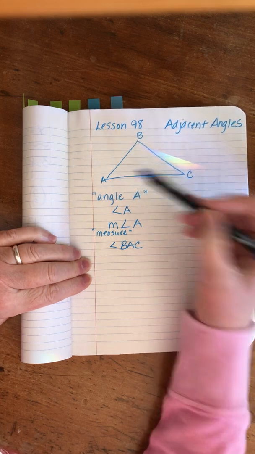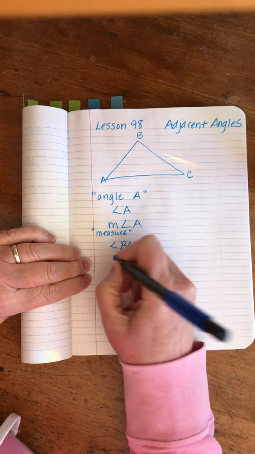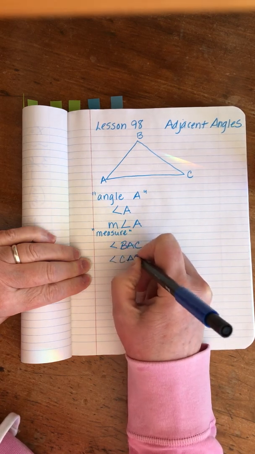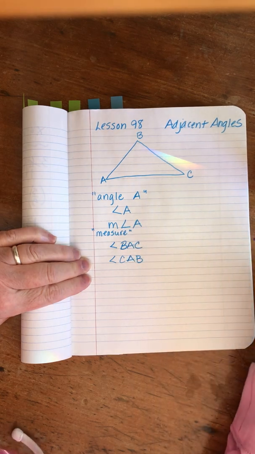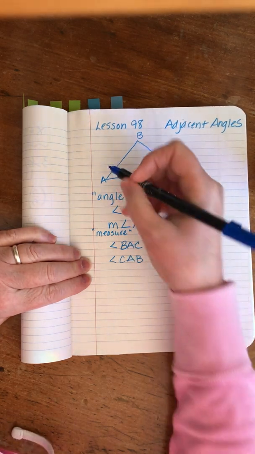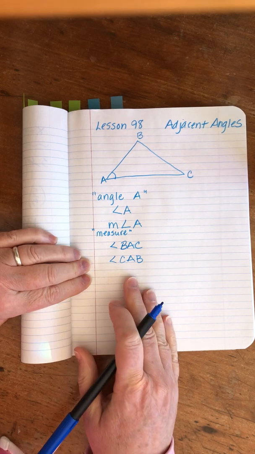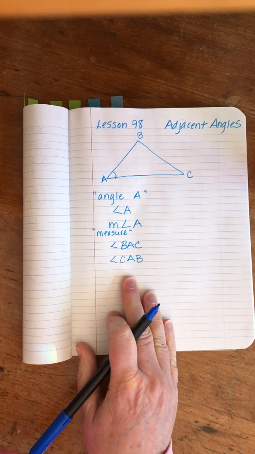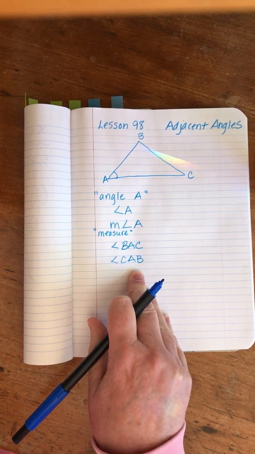BAC defines this angle. Or I could say CAB. All right, so there's 5 different ways we might describe that angle. So, I mean, it's not hard, but it can be a little confusing sometimes. But just remember that there's lots of ways to note the angle.